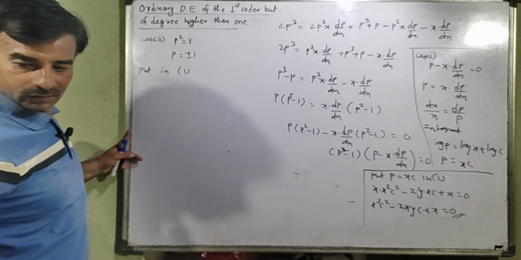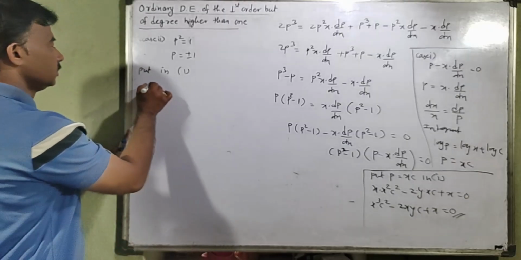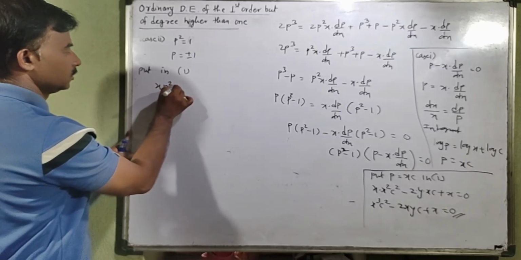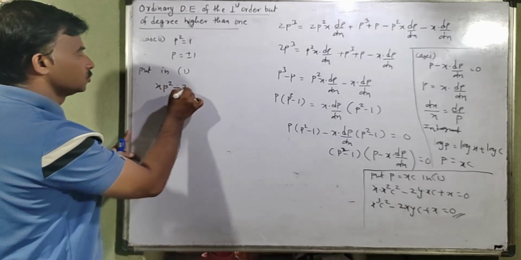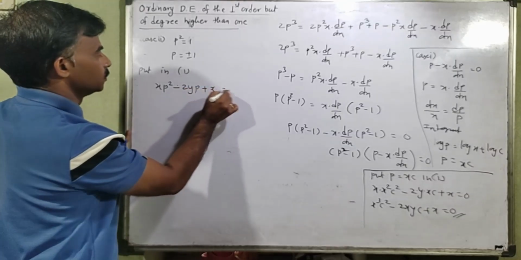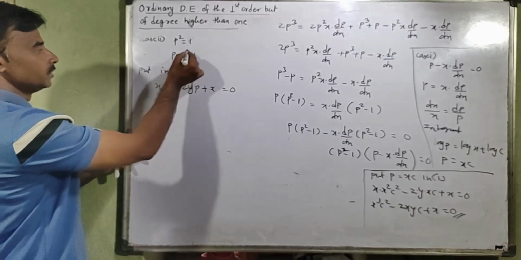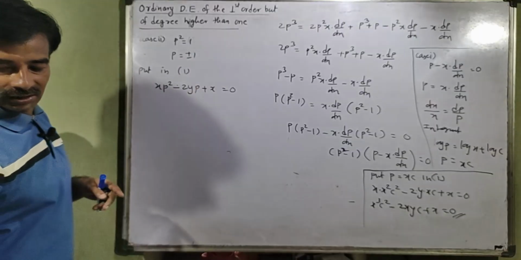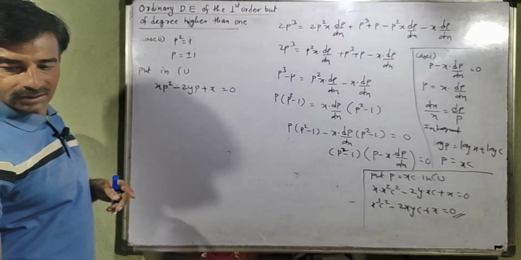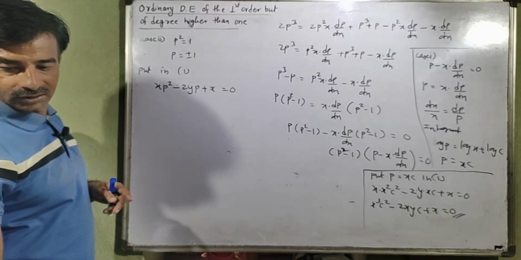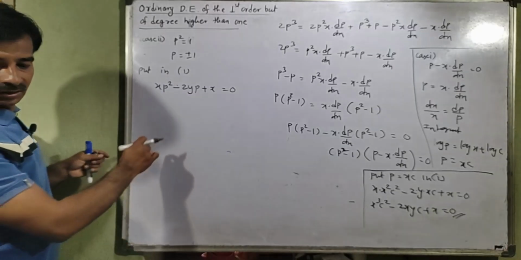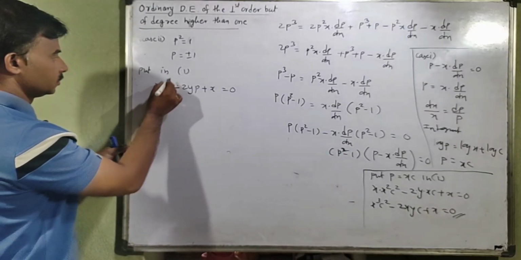What is equation 1? Equation 1 is xp square plus minus 2yp plus x is equal to 0. Putting the value of p is equal to plus minus 1 inside this, you will get the result of this equation.